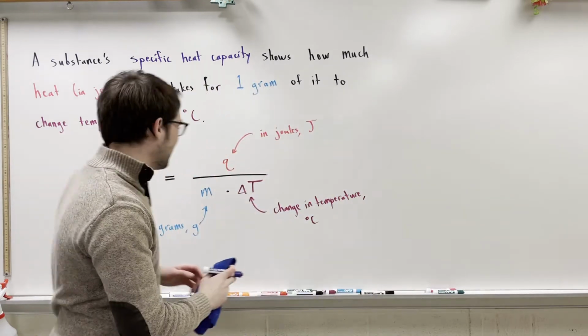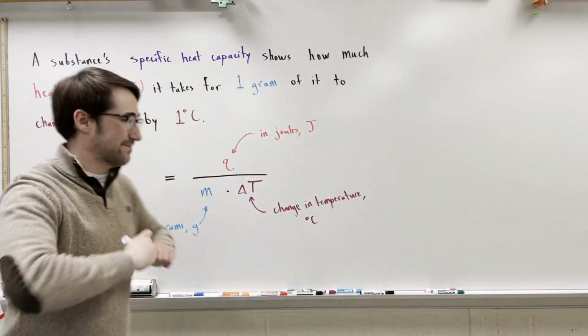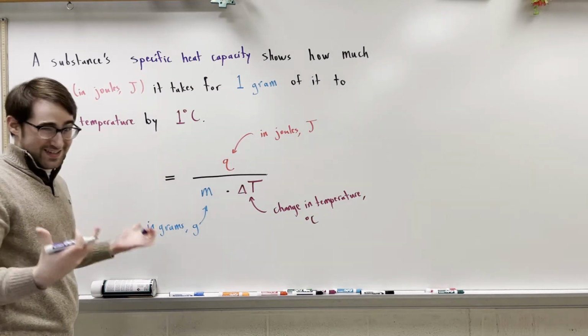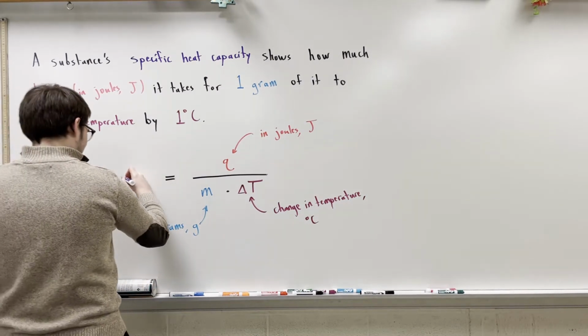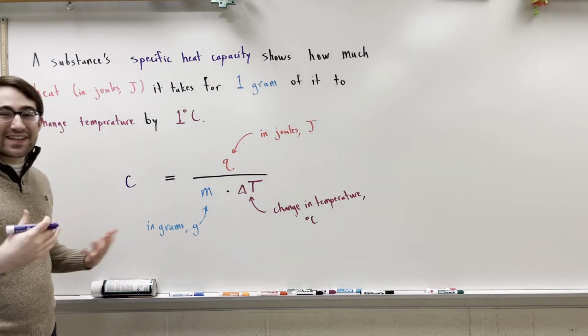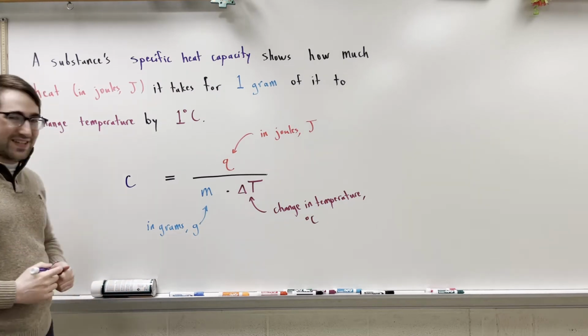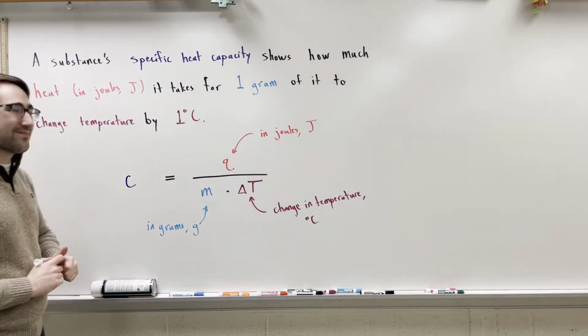Right. We tend to use c for specific heat capacity. The capacity part is where the c comes from. Some textbooks will use s, like a little s for specific instead, but I like to use a little c. You see this pretty commonly.